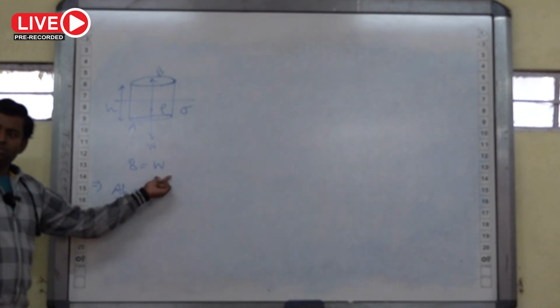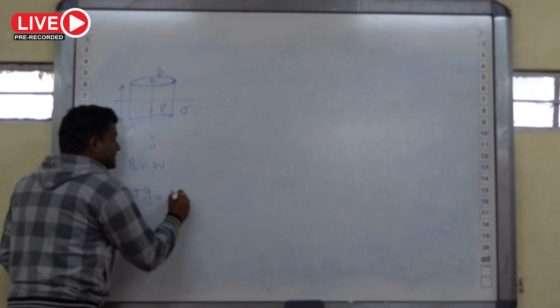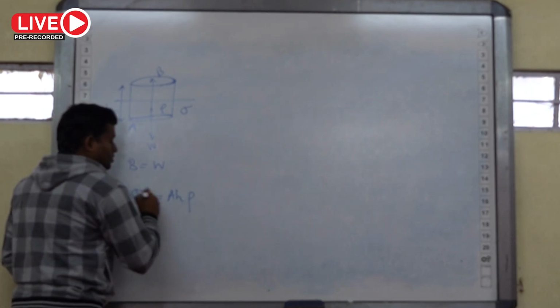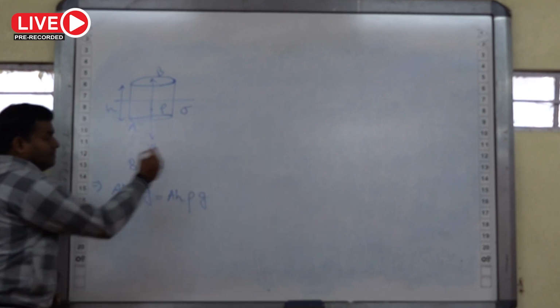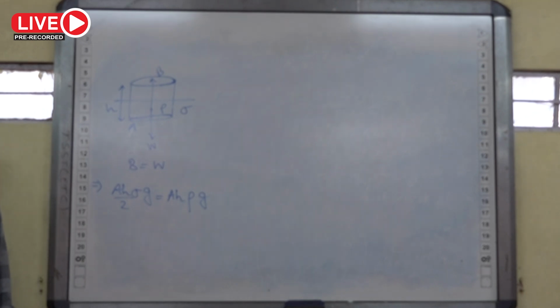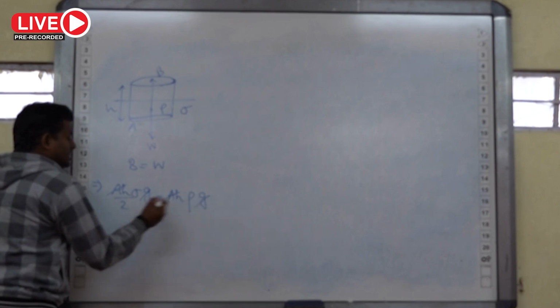Now W means mg. M means total volume into density. Total volume is Ah, density is rho, into g. That is mg, that is weight. So from this, Ah, g, g cancelled.